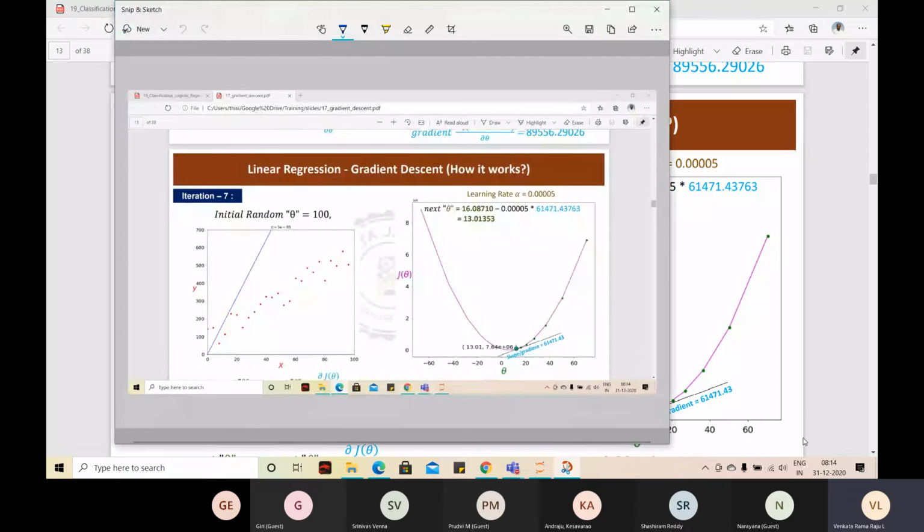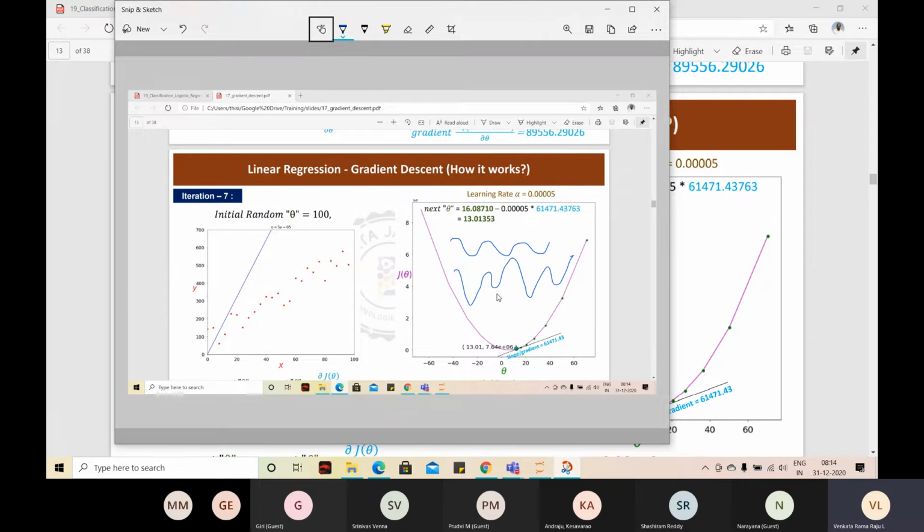So if your cost function is like this wave, there are many minima. Here there is a minimum, here there is a minimum. But you never know, the curve may come evenly like that, or it may go like that.